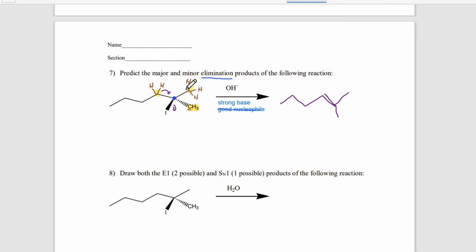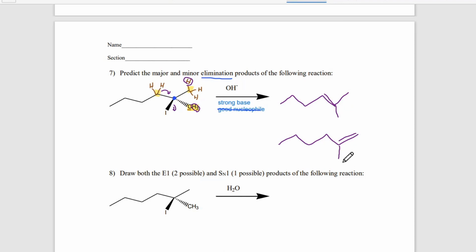The other possible product is if I took off one of these or one of these. Now in this case, because these are both one carbon groups coming off of this carbon, it would give us the same thing either way. 1, 2, 3, 4, 5, 6. So it'd be here, or you could also put the double bond down here.